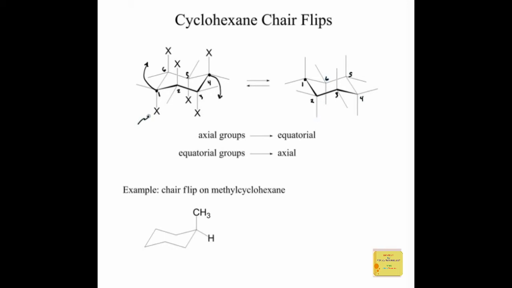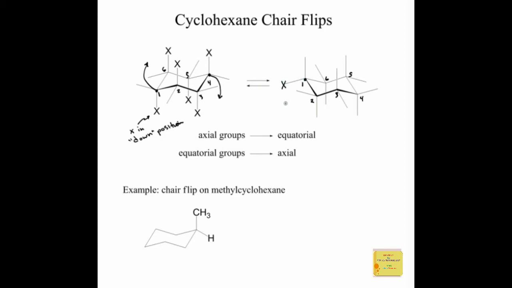And on carbon 1, the X was in the down position. If you think of a cyclohexane, if you flattened out the ring, totally flatten it out, six of the atoms are pointing up and 6 are pointing down, right? So because he started out in the down position, he's still going to be in the down position. Where is the down position?